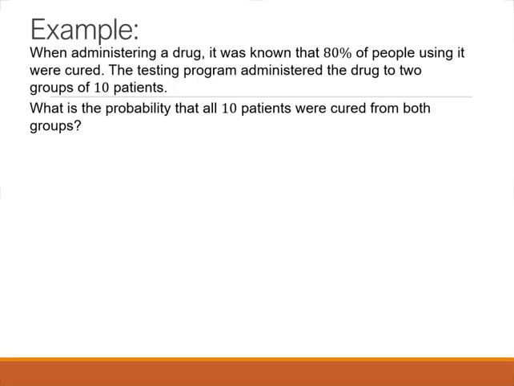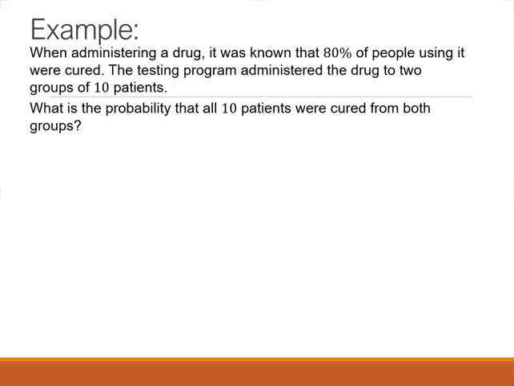So what's different about this problem than the previous one? You have 2 separate binomial experiments, right? You have group 1 and group 2. Everybody see that? When we read the question, you picture it in your head.